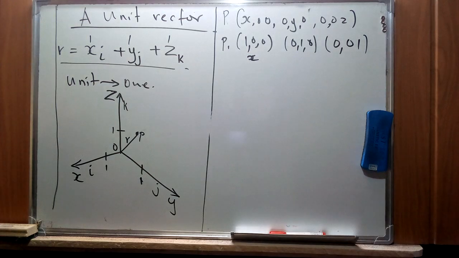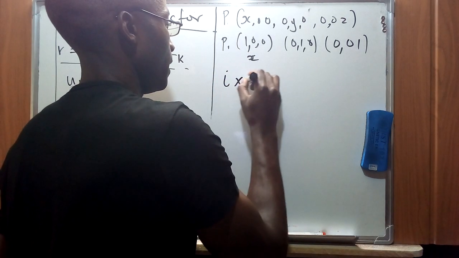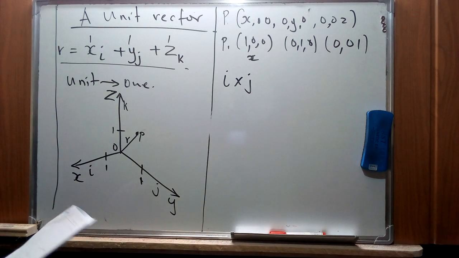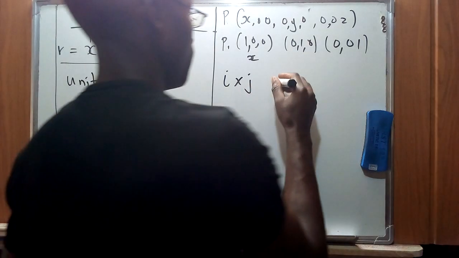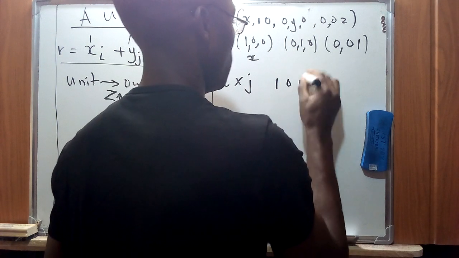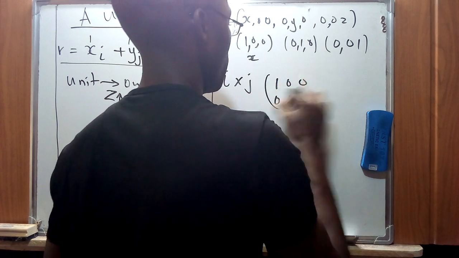So suppose I have a cross product between i and j. I'm going to do this using this particular case, whereby I have i, which is 1, 0, 0, and j, which is 0, 1, 0.